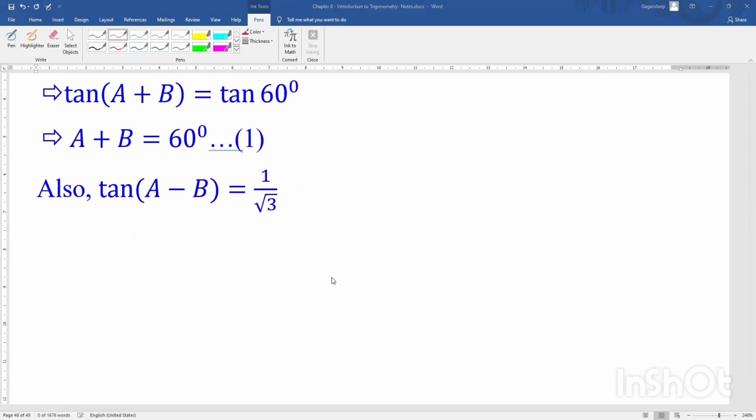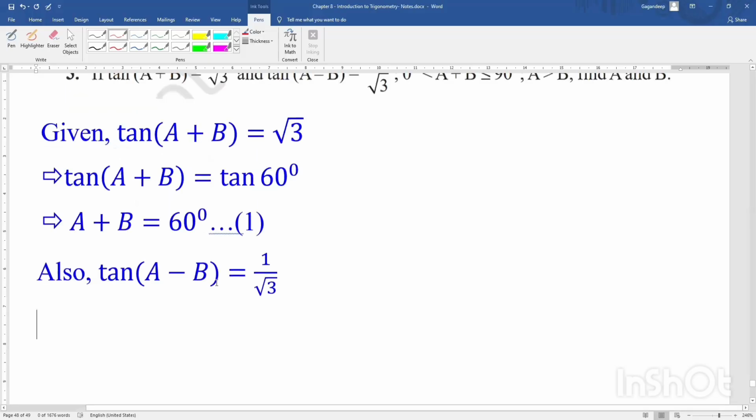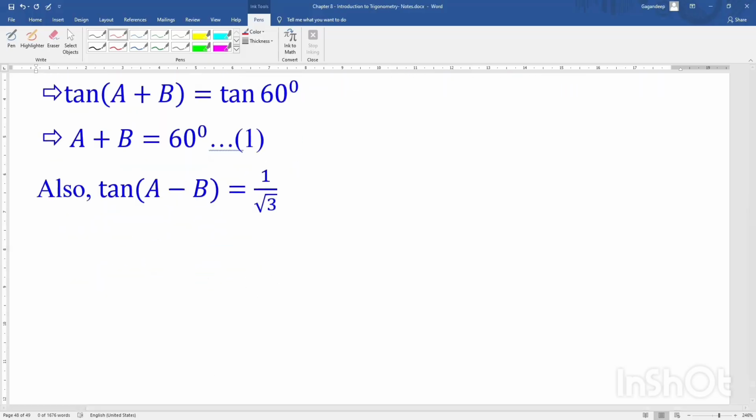Now here we have tan of a minus b is equal to 1 by root 3. So 1 by root 3 is nothing but tan 30.